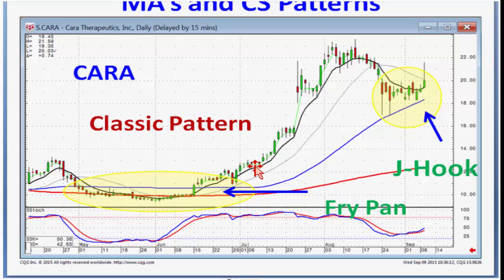So we can take advantage of the classic pattern, the fry pan bottom, strong breakout, but then we're also set for the next pattern setup, which is the J-hook. This is why we call it the classic, because this is usually what happens. Even if we missed this, but we saw this buy signal and recognized this, we could at least target that this move right here and this move right here are going to be approximately the same, which does two things for us.